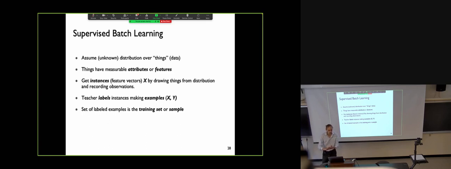The second thing is that we need to have both attributes, which are the inputs, also called features, and we also need to have labels, Y. Essentially, from the attributes or features, the ML model will try to predict the labels. These labels can come from a teacher. For example, I as a human can tell the model these images have a cat or a dog and so on.